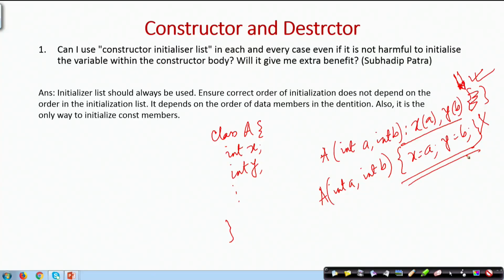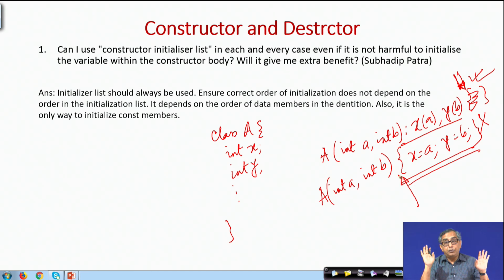When you do it in the body instead, by the time the control reaches this point, it has already finished the construction of the object. You did not specify anything in terms of how x and y should be initialized, so the compiler had no clue. So, what will the compiler do? The compiler puts some garbage value. The initialization is already over when you have reached this point, and it has been initialized with garbage. Now, you are making a fresh assignment to these. Apparently, it looks logically the same, but in actual execution terms they are not the same.